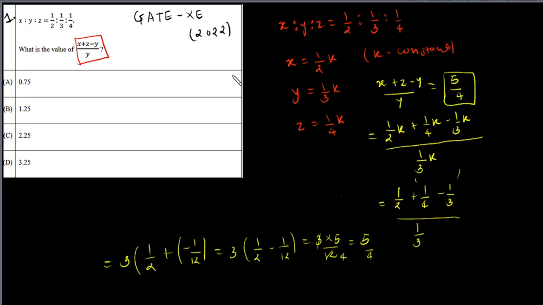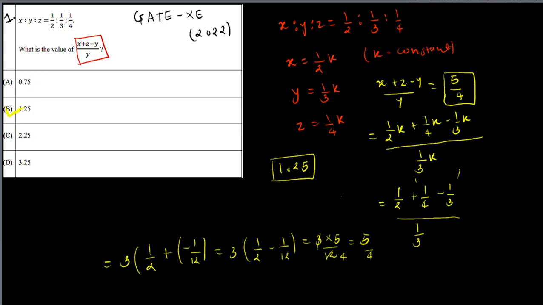But look at the options: they are given in decimal form. So we find the ratio, which is 1.25, and that is option B. So option B is the correct answer for this question.